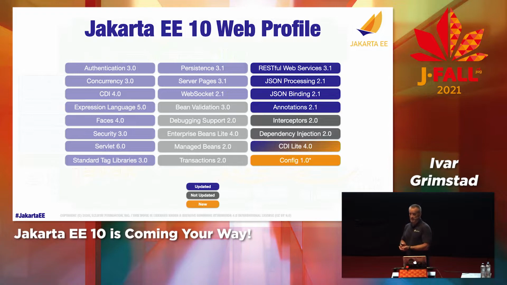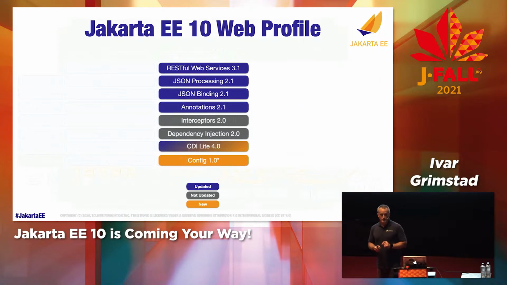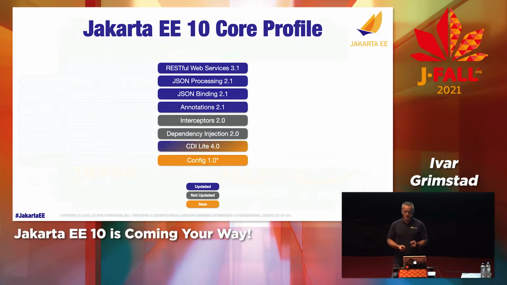If we remove the specifications that are targeted to web applications, such as servlets, JSPs, faces, and this kind of stuff, we're left with a stack of specifications that are targeting headless applications or services or microservices, if you want. And that is a new profile we're introducing in 10, and that's the Jakarta EE Core Profile.